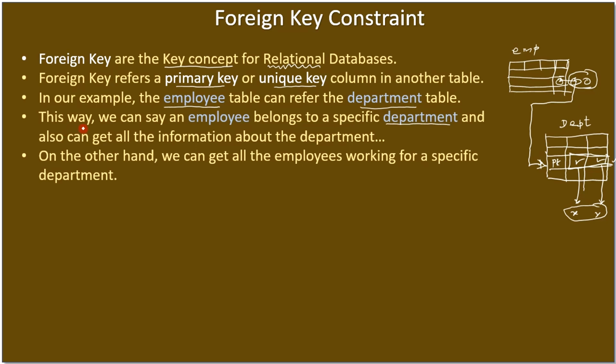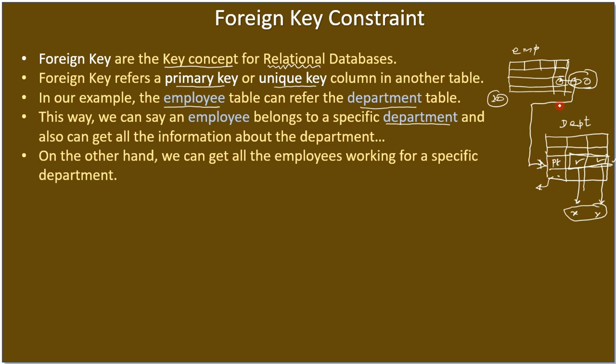Alright, here we talked about this way. We can say an employee belongs to a specific department and also can get all the information about the department. On the other hand, if you pick a specific department, and there are 20 rows pointing to that department, we can say there are 20 employees who belong to this specific department.